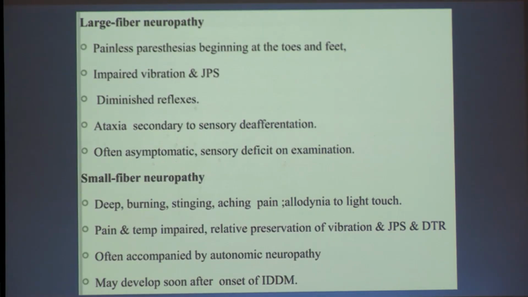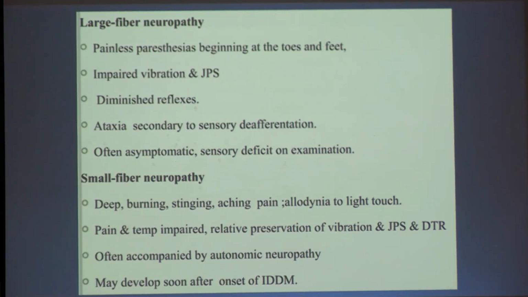Large fiber is well myelinated, having greater thickness and a diameter exceeding 5 micrometer. Small fiber has a diameter less than 5 micrometer. Number 2, function. Large fiber is well myelinated and is concerned with the function of sensory input and motor output.